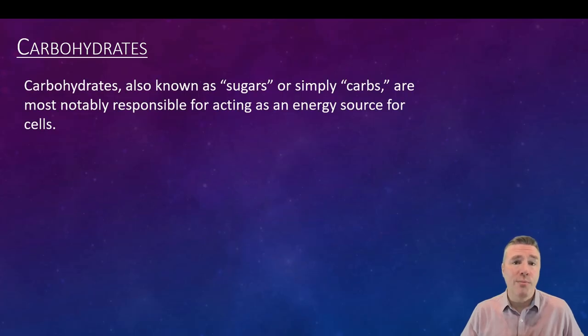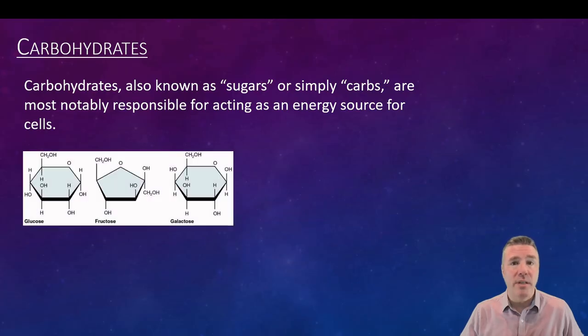The first macromolecule that we're going to take a look at is carbohydrates. Carbohydrates, or carbs, are also known as sugars and are the primary source of energy for practically all cells. Some common examples of the simplest carbohydrates are glucose, fructose, and galactose.